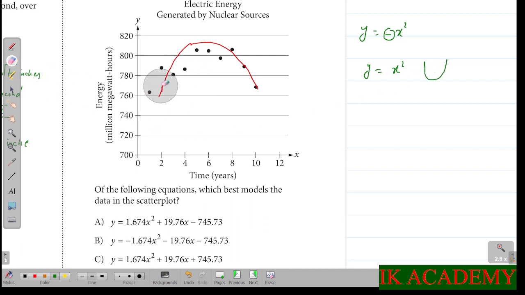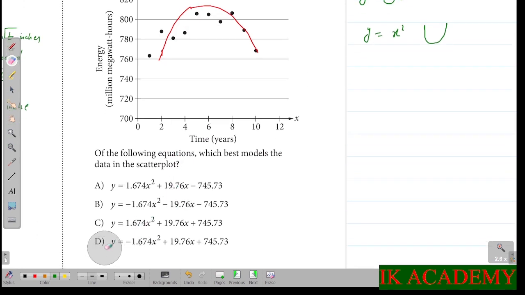So here the parabola of the scatter plot is opening downward. It shows that the coefficient of x² must be negative. So in option B and option D, we have the negative coefficient of x². So one of the options between B and D will be the correct answer.